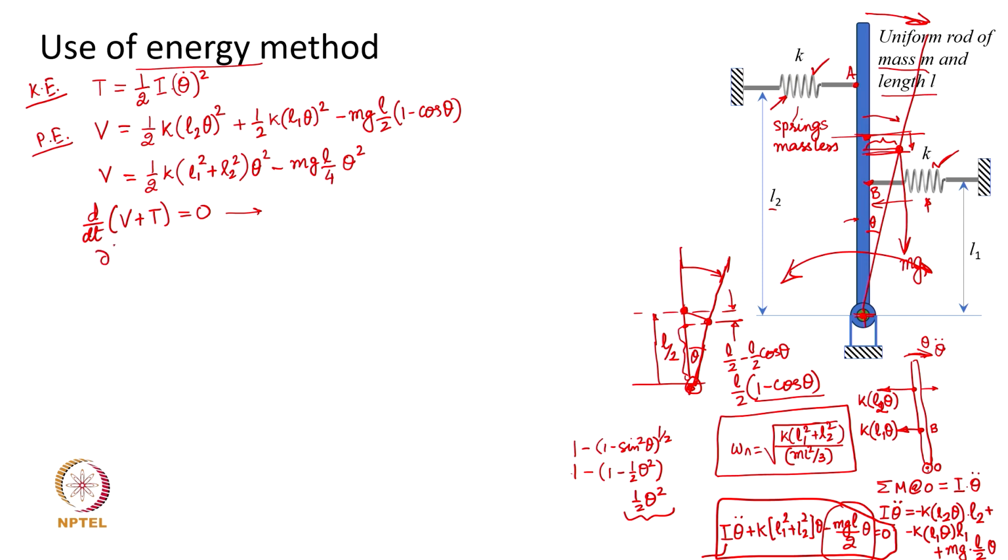Now, the Lagrange's equation that we wrote in the previous slide reads like this: d/dt of dou T by dou q_i dot minus dou T by dou q_i plus dou V by dou q_i equal to 0. In this equation q_i is basically the generalized coordinate.